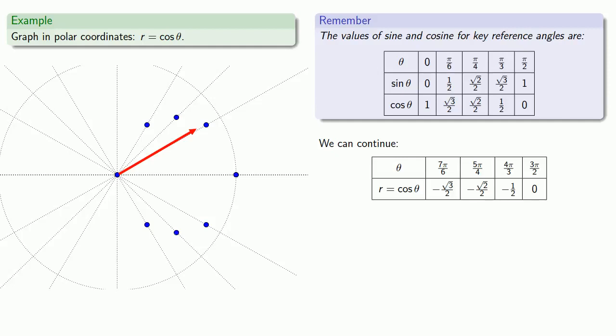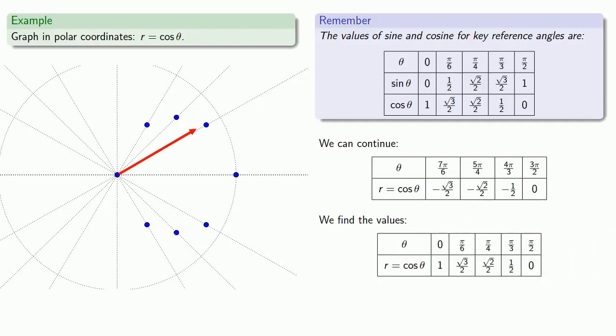In fact, if we compare the values of r for the corresponding angles, we see that the distance that we go backwards is the same as the distance we went forwards. As a result, our graph in this interval will just retrace the points we plotted before.